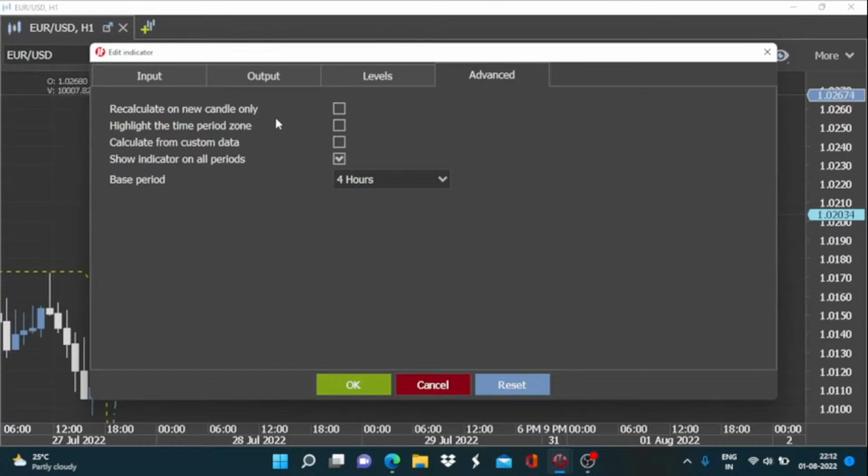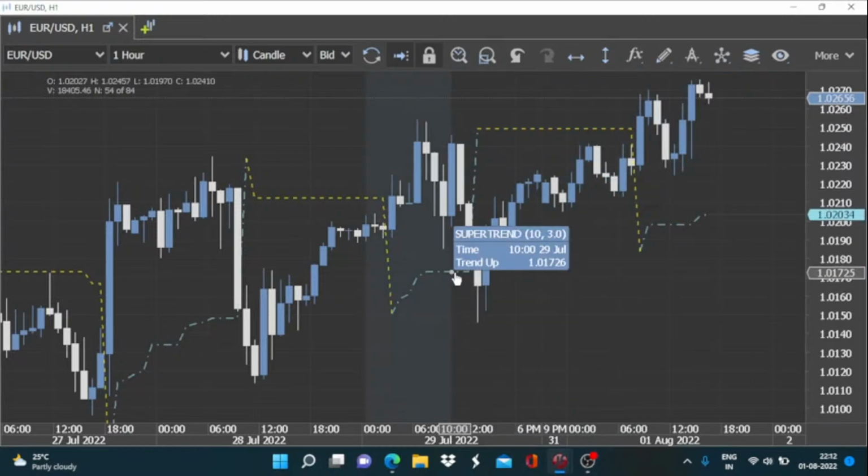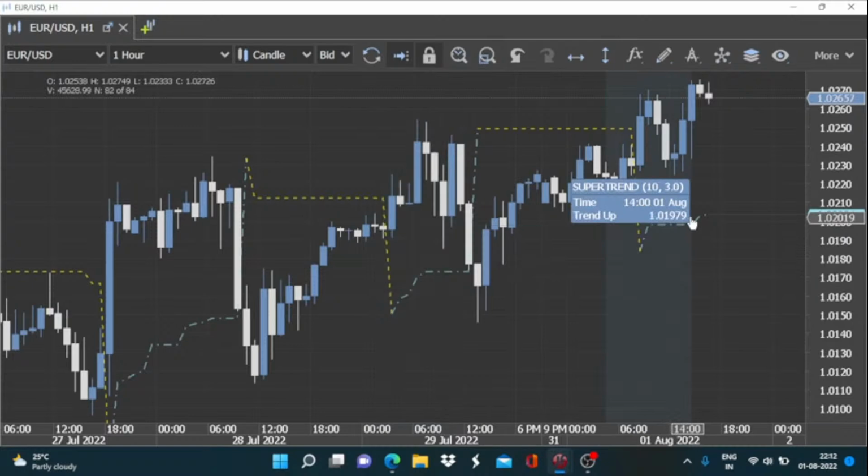If you want the time under consideration for calculation of this indicator to be highlighted, so you get a good idea of how much time duration is being considered while calculating these indicators, then you can highlight the time zone, and the time zone under consideration simply gets highlighted.